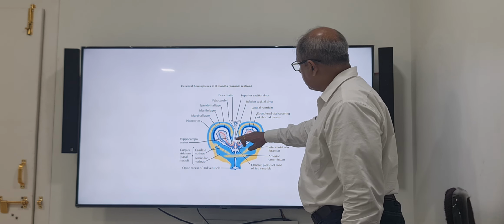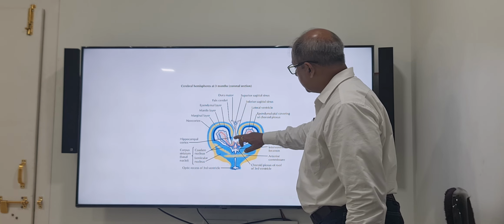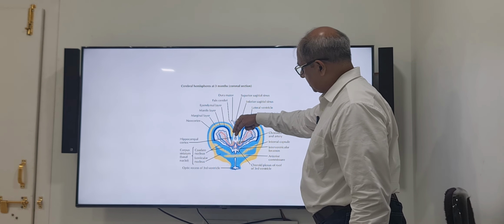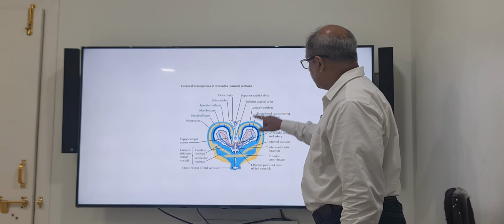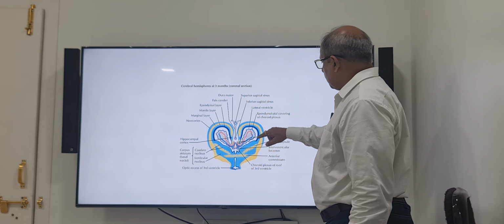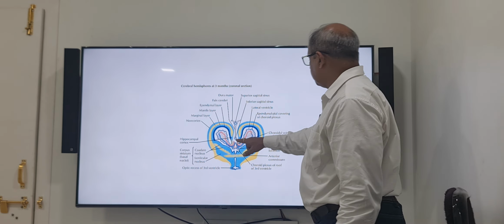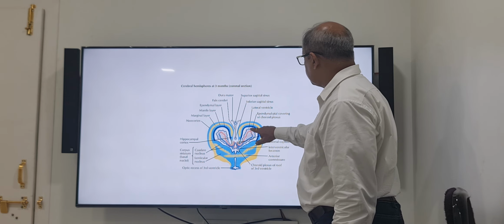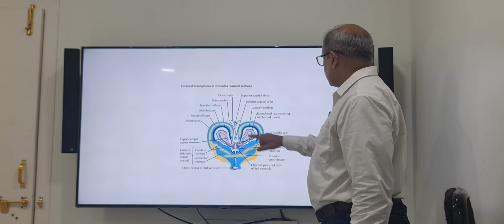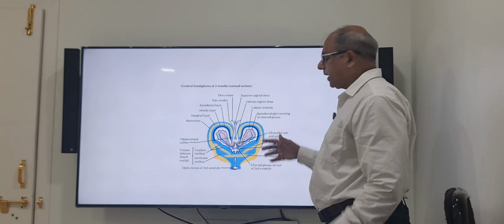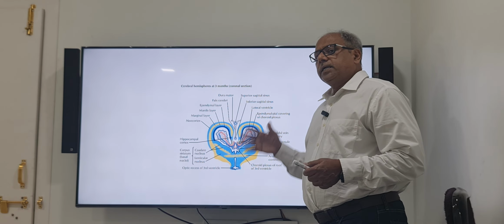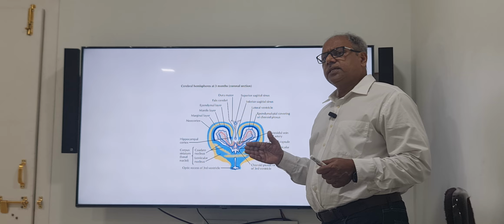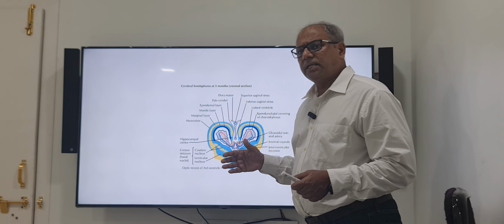This falx cerebri will have an inferior sagittal sinus also. With this falx cerebri, the pia mater takes the blood vessels inside into the lateral ventricle with ependymal covering, because this ependyma is taken with the blood vessel. They make the choroid plexus. Why am I giving this idea? Because unless you understand this, you cannot see the things when you are doing even the screening examination.